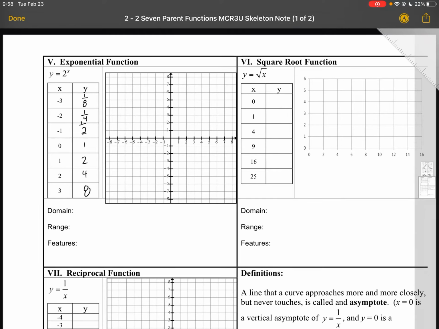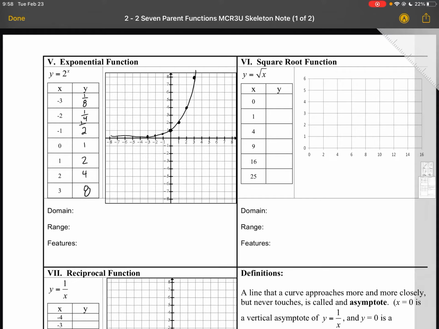So now we can fill those in on our table of values. So we've got minus 3 and 1/8, so pretty close to the x-axis, minus 2 and 1/4, minus 1 and 1/2, 0 and 1. And then continuing on, we've got 1 and 2, 2 and 4, and then 3 and 8.